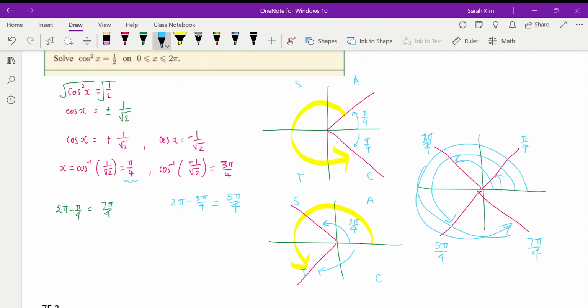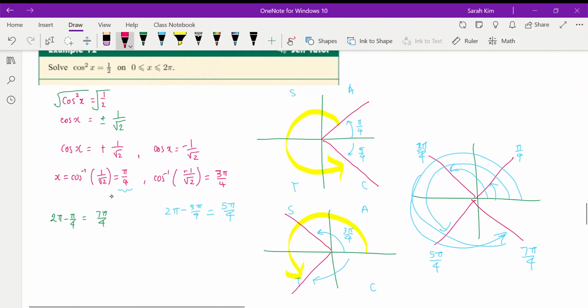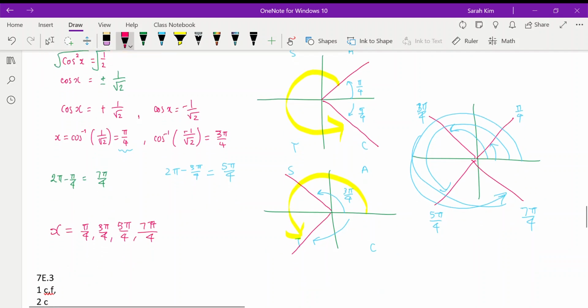Okay, so I found 4 options in total, and they actually end up all being my answers, and that's it. So therefore, my x is pi/4, and I like to write it in order of smallest to largest. That's how your answer would probably say it as well. So these are the answers. You can't go any further because you were restricted to 0 to 2pi. That's it. So make sure you copy those down.